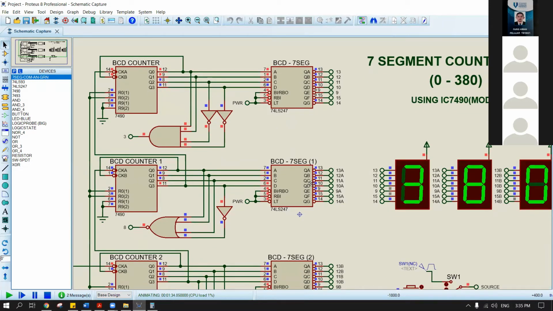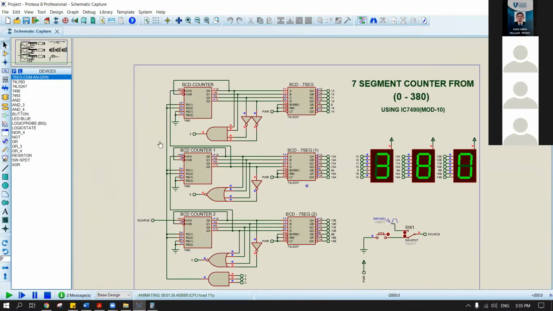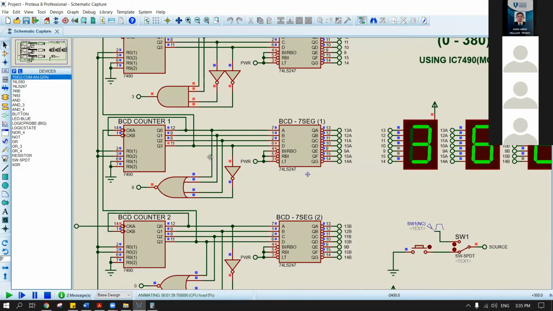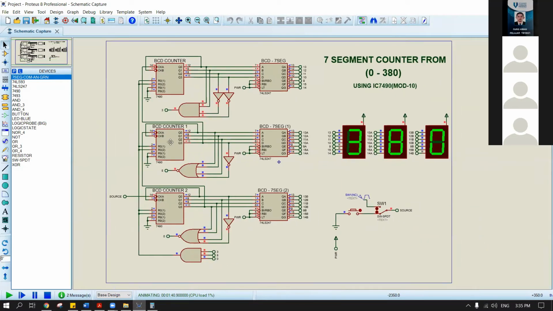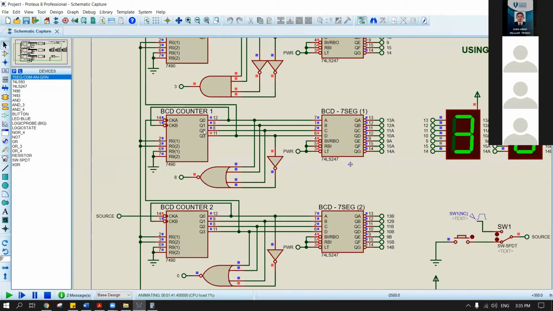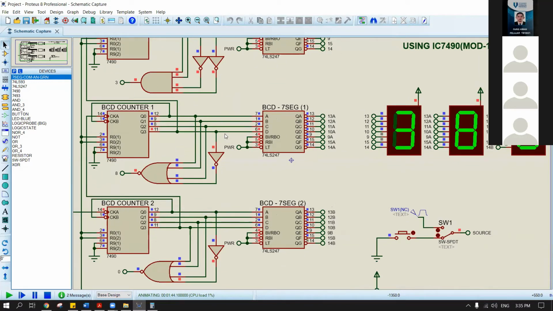Yes. The same goes for the second one, BCD counter number 1, for number 8. Our BCD for 8 is 0001. So I use a NOR gate.